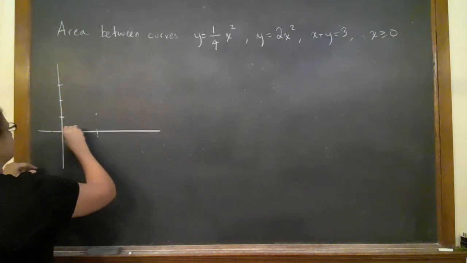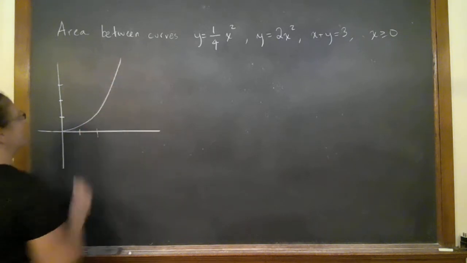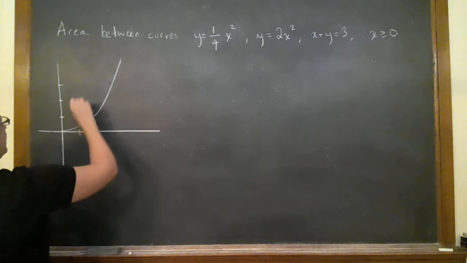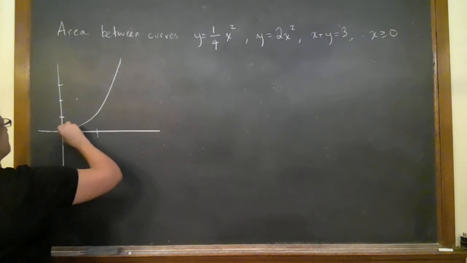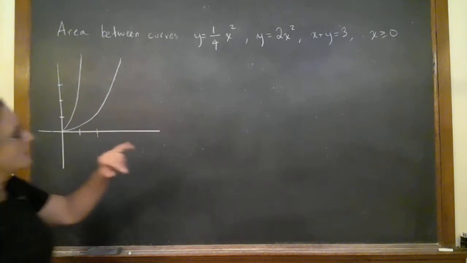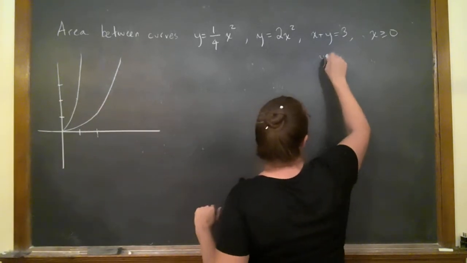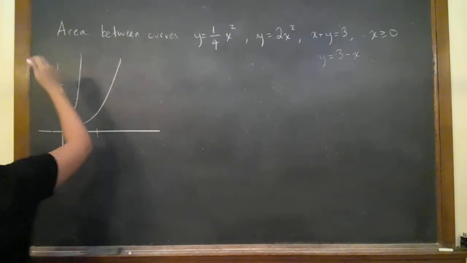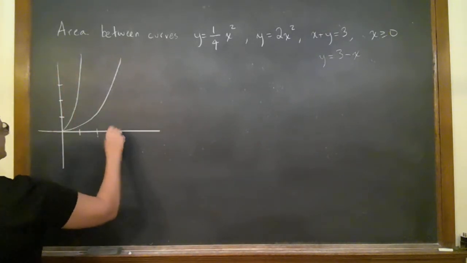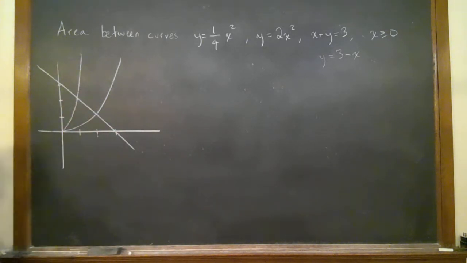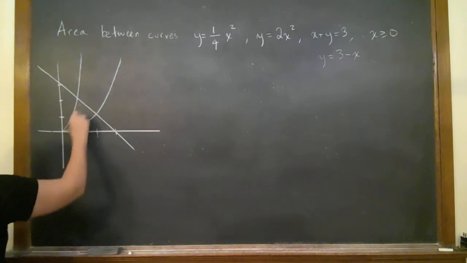This guy. And then y equals 2x squared. He's doing that. Now this is just going to be y equals 3 minus x, so it's y equals negative x added up to 3. So here's 3, right? So I go like this. Okay. So what they want is this region here.